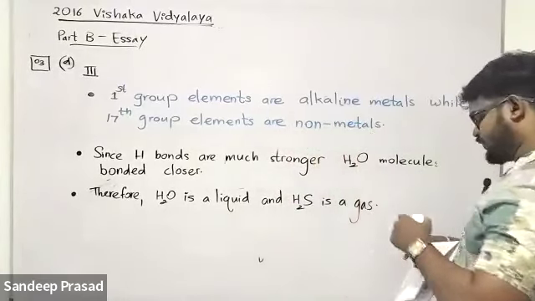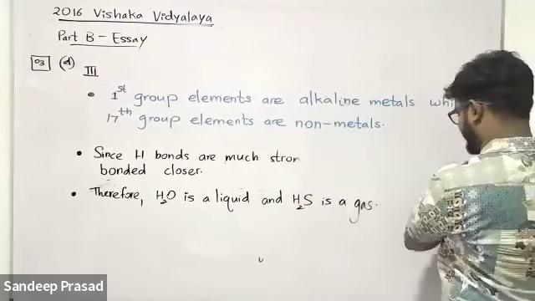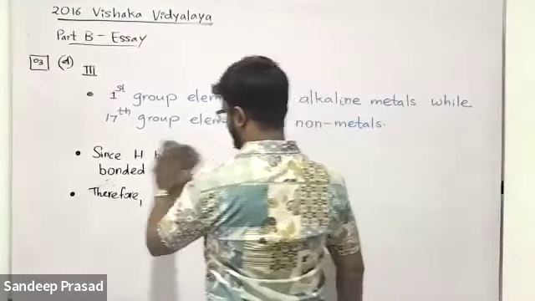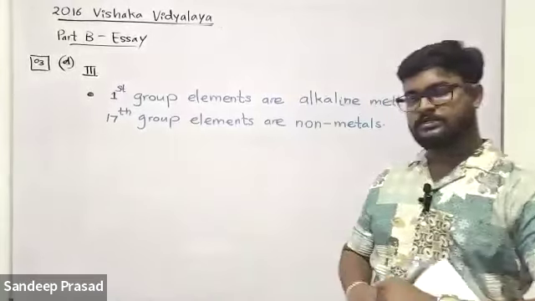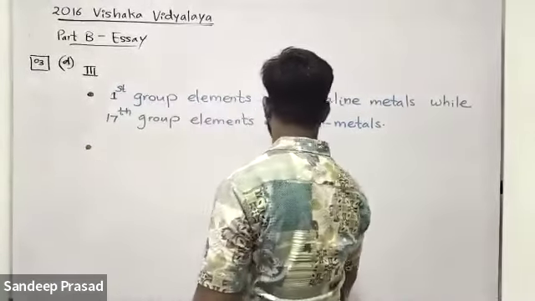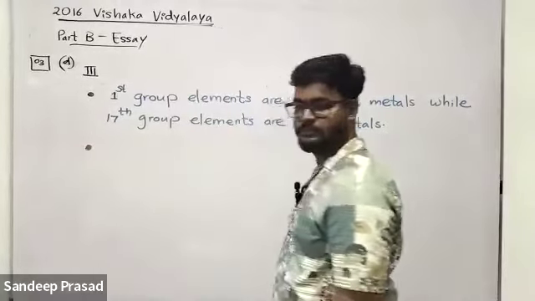So in order to compare the metals and non-metals, we have two different ways. The melting points and boiling points of metals should be compared in a different way. For the non-metals, another way. So if you consider metals as group elements, they are forming metallic bonds, right?